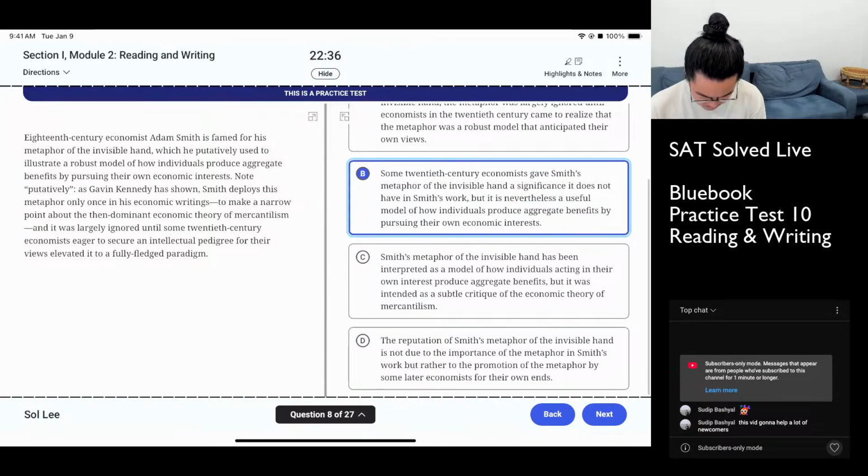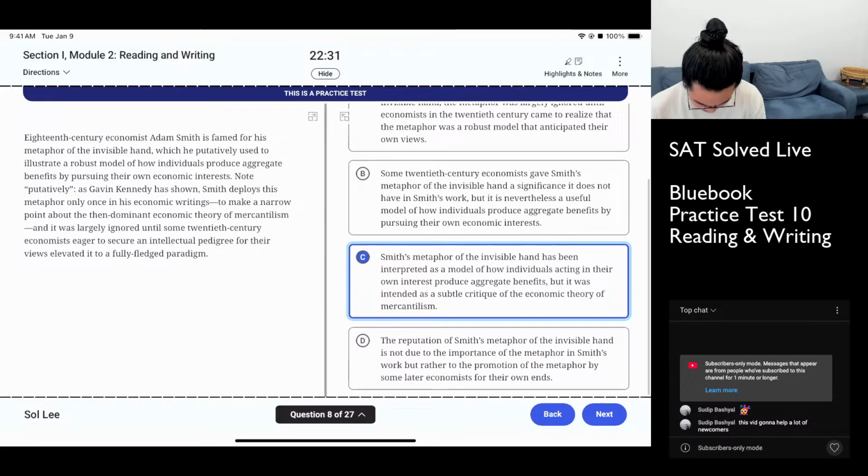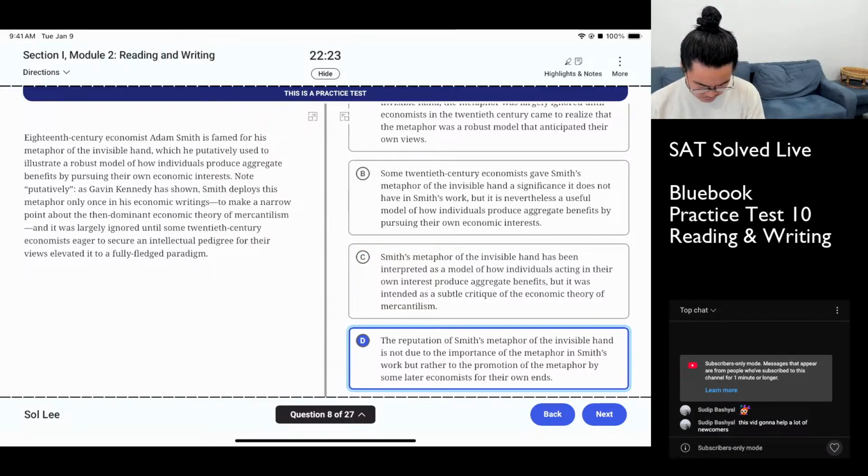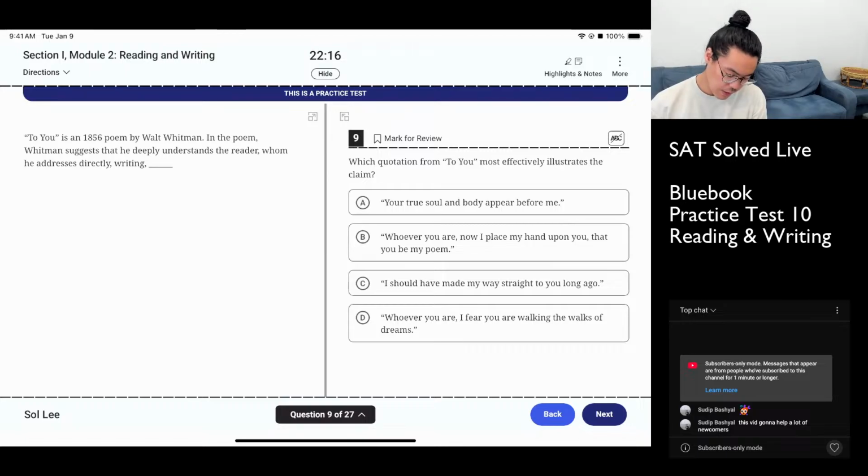Okay, this is correct, but it's not really. No, that second half. Subtle critique. Subtle critique. Okay, I don't like it, but maybe C is the best so far. Oh yeah, D is definitely the best. Okay, yep. Number 8. That was my first time ever seeing that question.